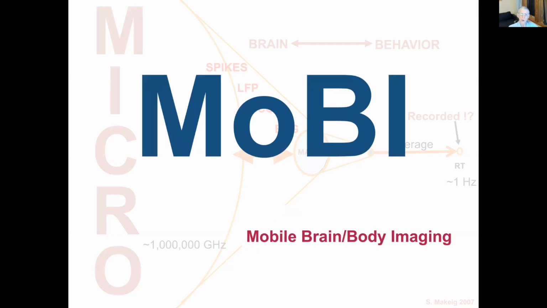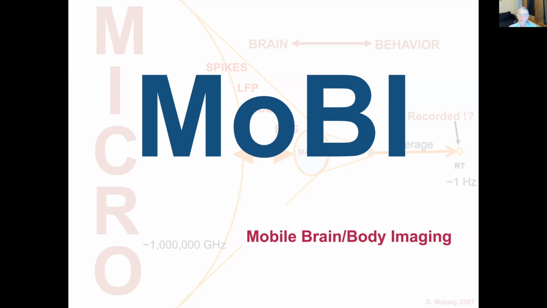So I thought this was an important enough concept, and our results showed that EEG could do high-resolution source imaging even in subjects that were moving naturally, even in natural 3D environments.